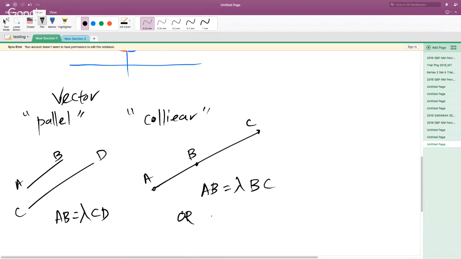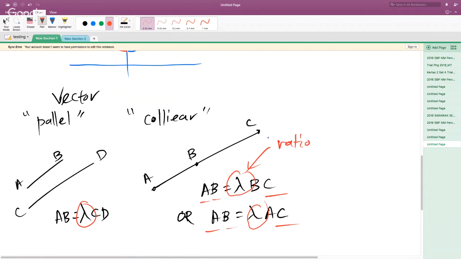Or I can say AB equals lambda AC. It doesn't matter as long as I make sure I use all the A, B, C. Then both of these equations are the same thing. And you have to understand the lambda over here doesn't mean anything very weird. It's just a ratio. So there's no difference between parallel and collinear. Both will use the same formula.